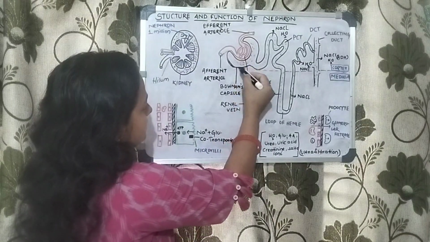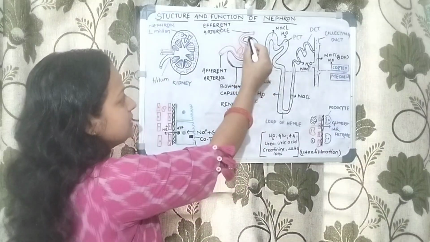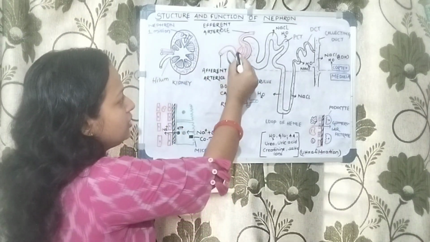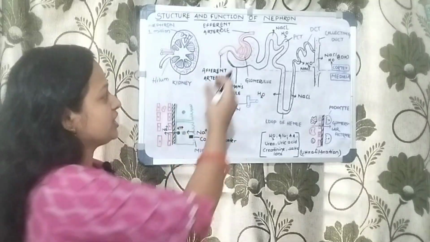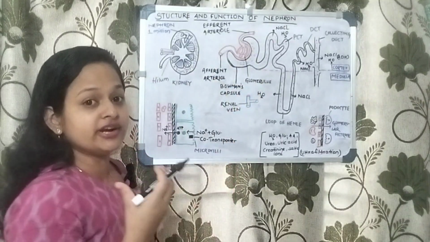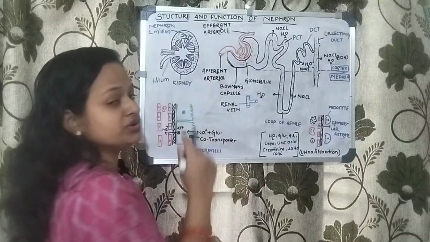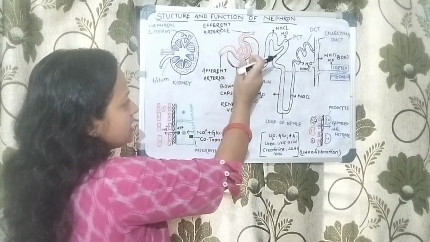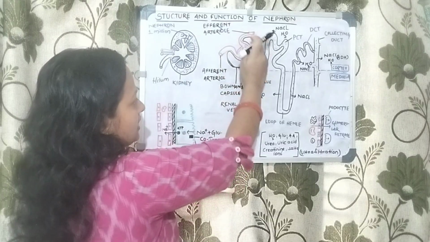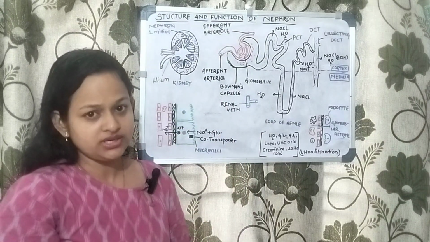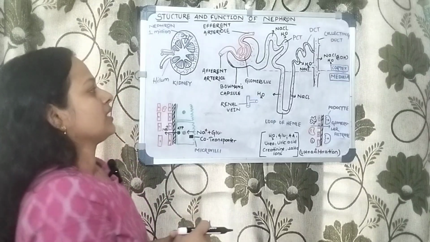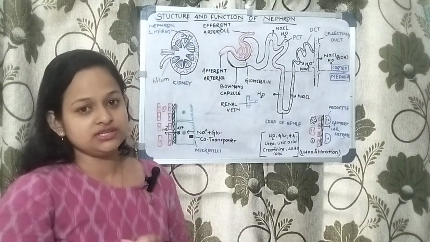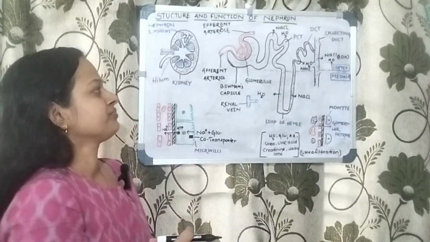This cup-like structure is the Bowman's capsule, and the network of blood capillaries, which is in red color, is the glomerulus. Both the glomerulus and Bowman's capsule form the Malpighian body or the renal corpuscle, and the work of both is to filter the blood.